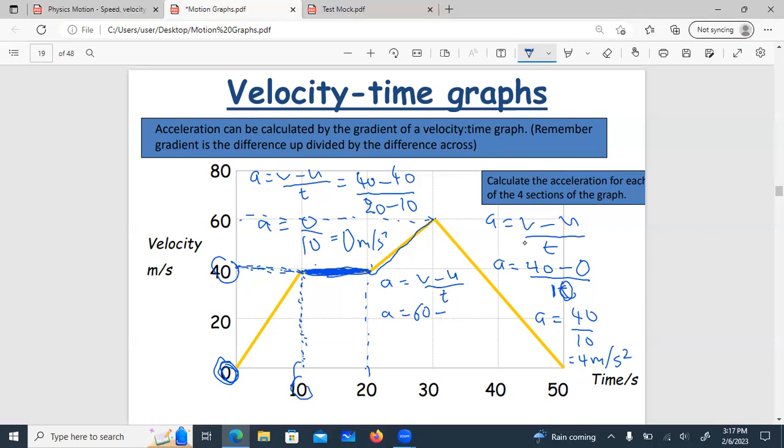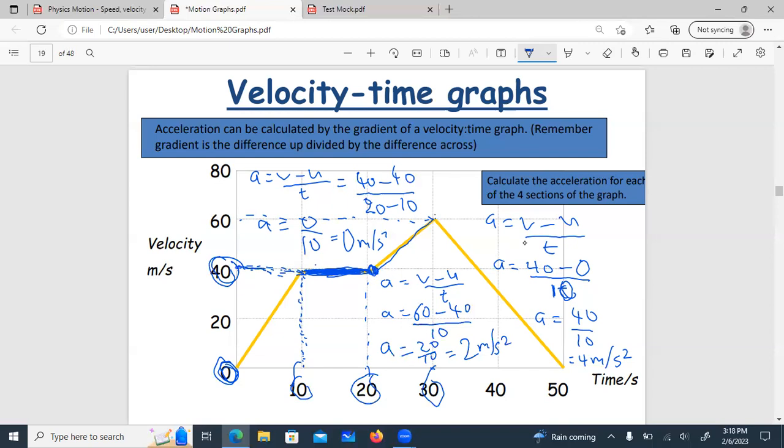Our U is our initial velocity here, and we have that as 40. What's our T? Our T is the time taken for that to happen, which is 30 minus 20, and that gives us 10. So let's go. Our acceleration is 60 minus 40, that gives us 20. 20 divided by 10 gives us 2 meters per second squared.